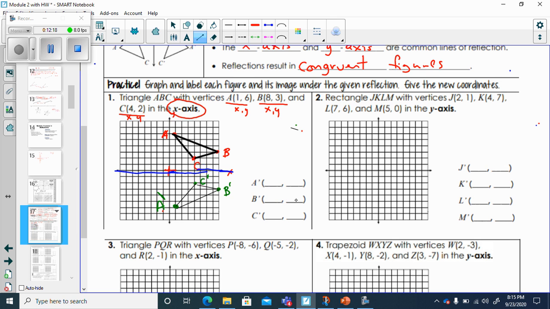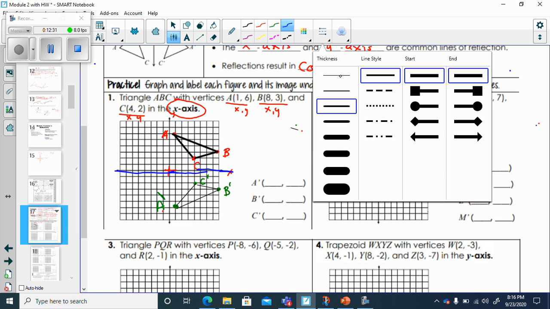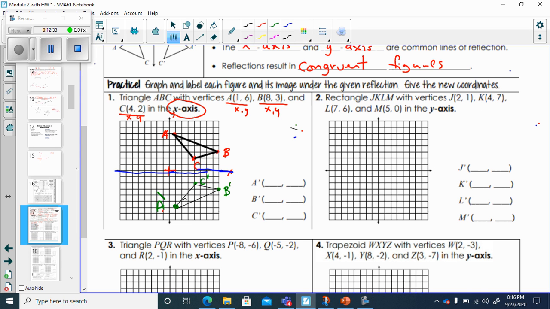Then it wants me to give the coordinates for the image. So let's get the coordinates for the image points. Oh, I think we were doing that in green, so let's do it in green. Where is A prime? Let's read it off the chart.